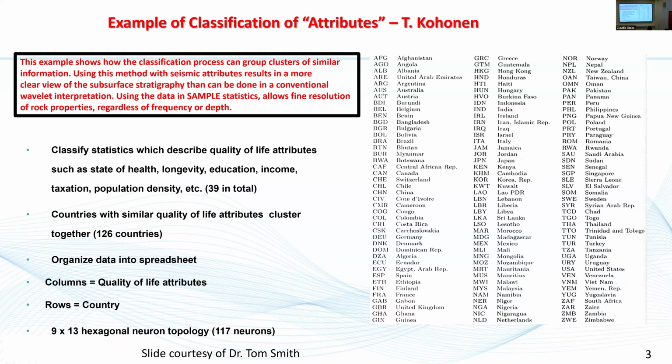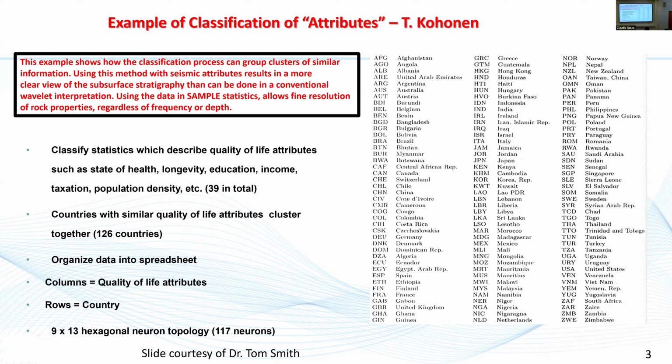And he published a paper in 2001 where he had gone to the UN and asked for statistical information on 117 different countries. And they gave him 39 different pieces of information for each of these 117 countries. And he wanted to see if he could find a way to organize all that so that you could see each country, country by country, and the information that went along with it.